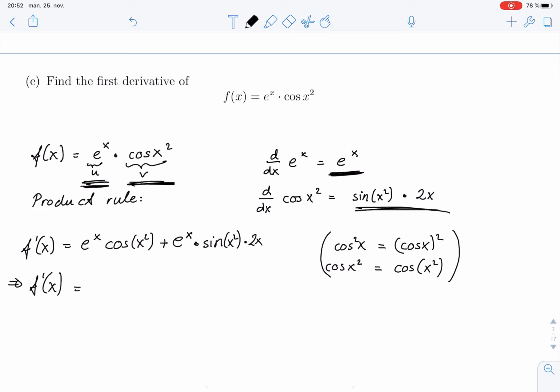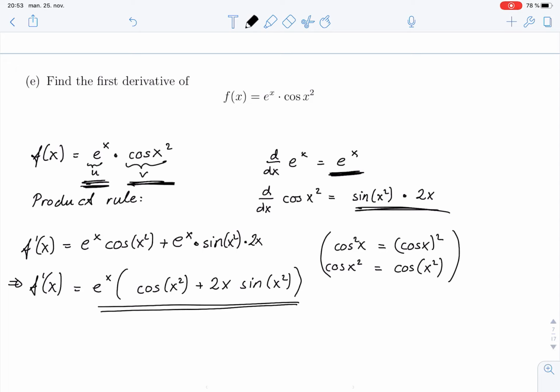This could be made a little bit prettier if we take the e to the x outside of a parenthesis. And we also like to take 2x in front of the sine thing. But this would be a correct answer. You could also stop here if you want, but if you want to make it prettier, please do.